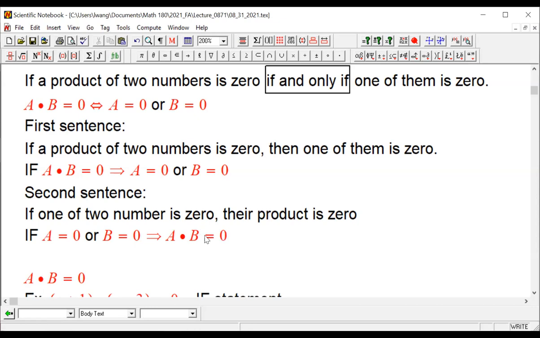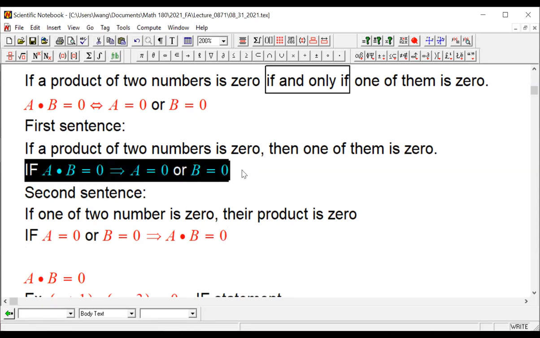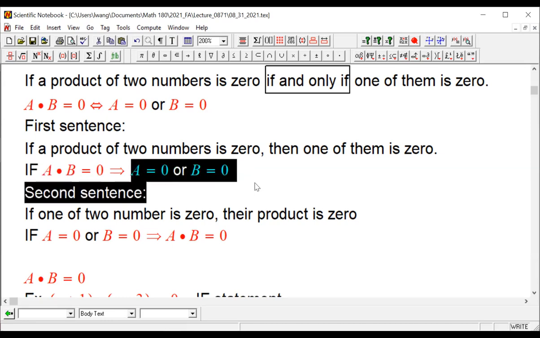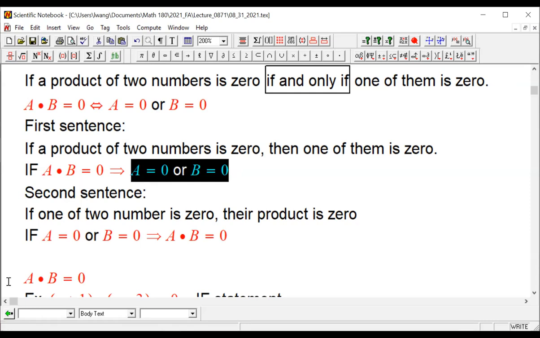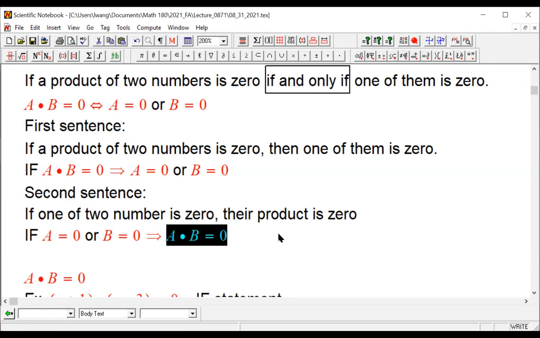There's certain logic behind this, because in the first sentence, this is the condition and that's the conclusion. In the second sentence, this is the condition and the other is the conclusion. They're kind of reversals of each other. And when we switch the condition and conclusion, it is still true.